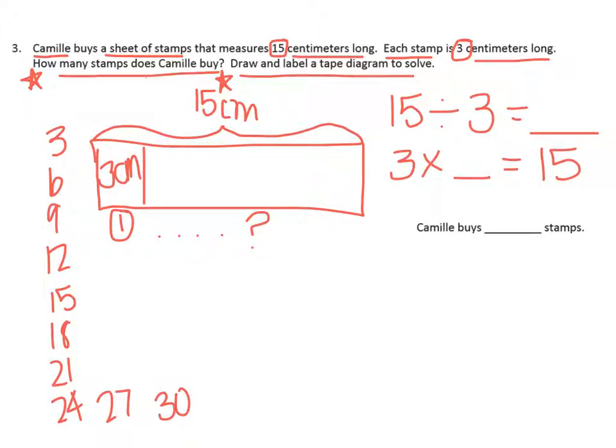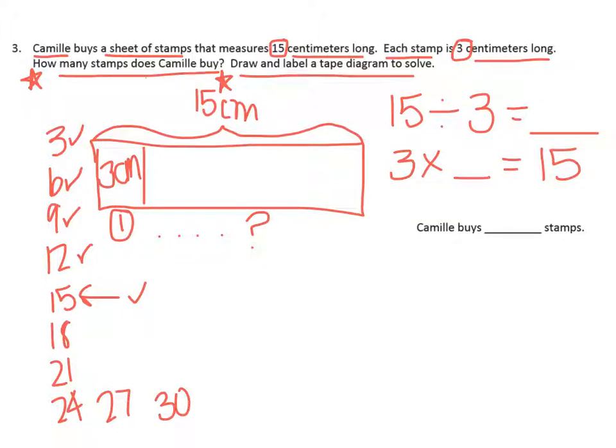Now, to figure out how many times I need to count by 3 in order to get to 15, I take a look at my list. So here I see 15. So that means I counted by 3s 1 time, 2 times, 3 times, 4 times, 5 times.